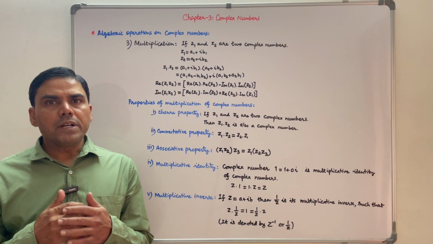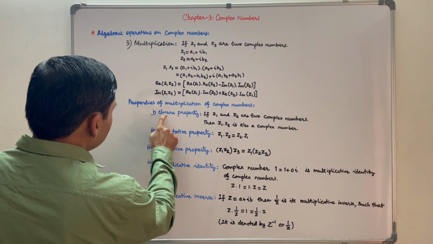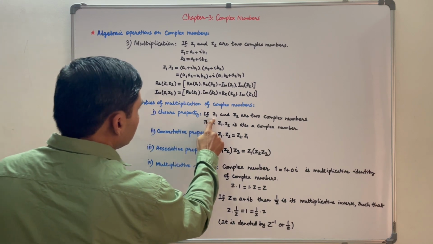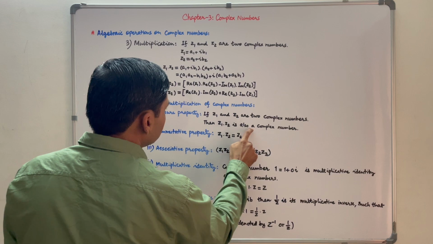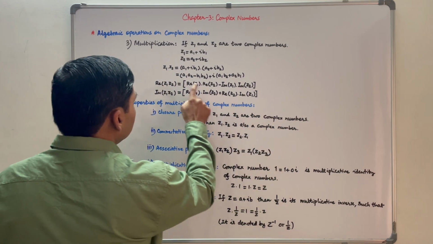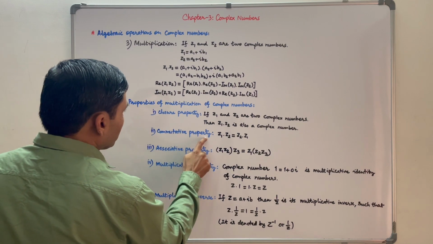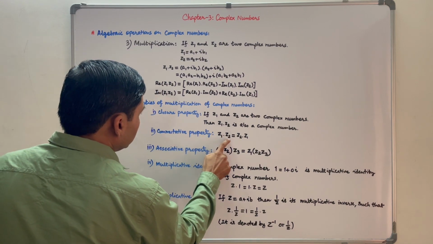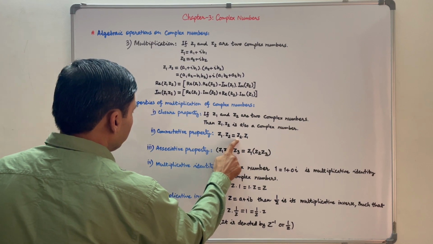Now let us see properties of multiplication of complex numbers. First property is closure property. If z1 and z2 are two complex numbers, then z1 into z2 is also a complex number. We have seen it here. Second property, commutative property. Whether you multiply z2 to z1 or z1 to z2, result will be the same.